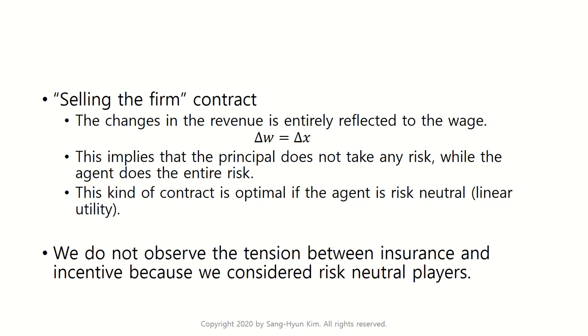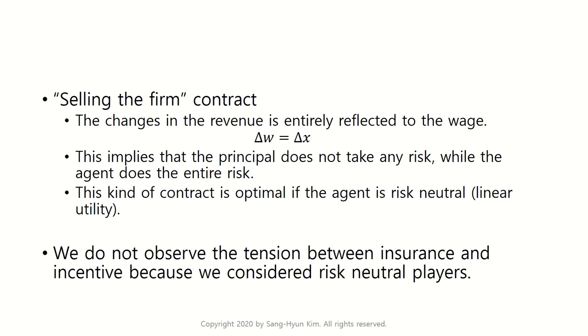That means the agent takes the entire risk, and also in that case the agent's incentive to work is maximized. Okay, that's what I mean by full incentive. So because nobody cares about risk, especially the agent doesn't care about risk, it's optimal to give full incentive to the agent. Such a contract is called a selling the firm contract.